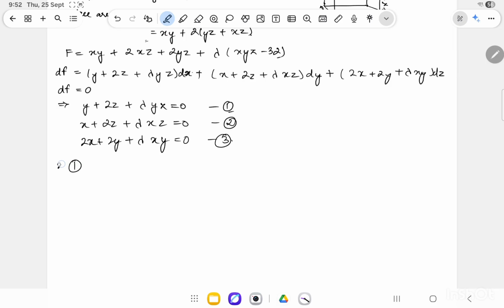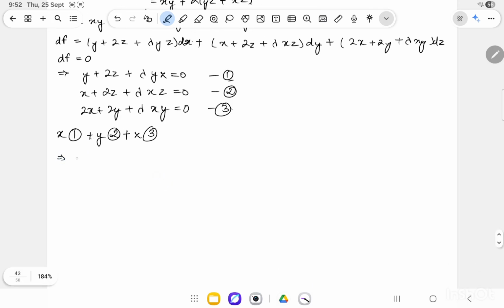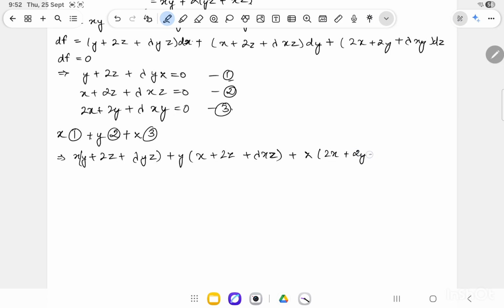Now if I multiply equation 1 with x, equation 2 with y, and equation 3 with z, and add these three equations, I'll get x into (y plus 2z plus lambda yz) plus y into (x plus 2z plus lambda xz) plus z into (2x plus 2y plus lambda xy) equals 0.